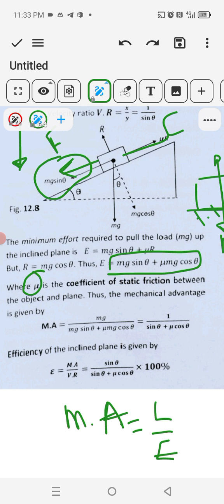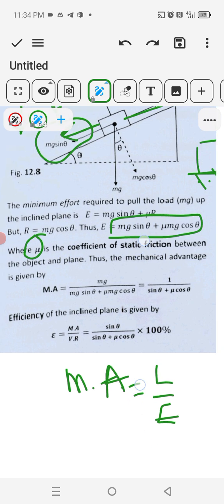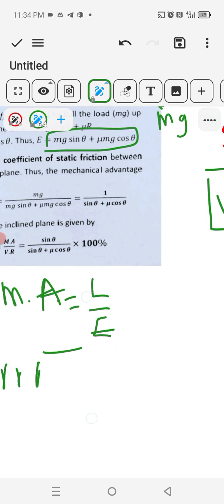Efficiency normally, as we all know, is MA over VR. So MA over VR will give you sin theta over sin theta plus mu cos theta times 100%. Don't forget that your MA is 1 over sin theta plus mu cos theta, but you are doing 1 over VR.